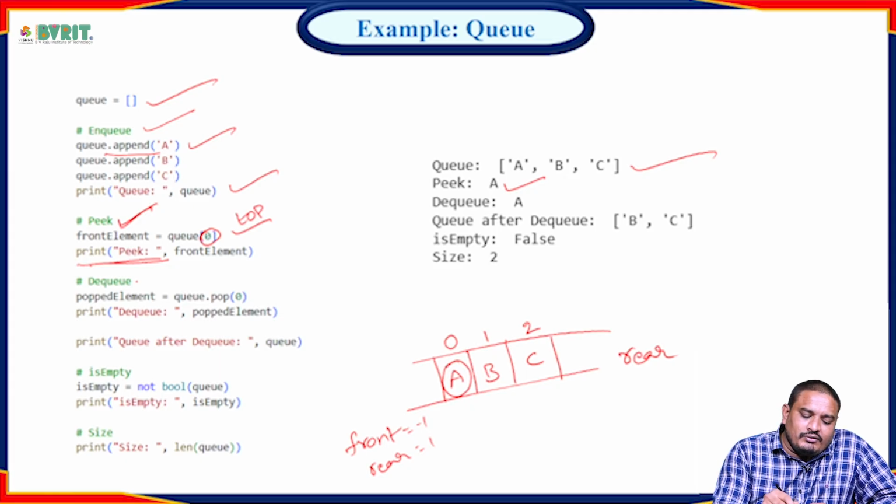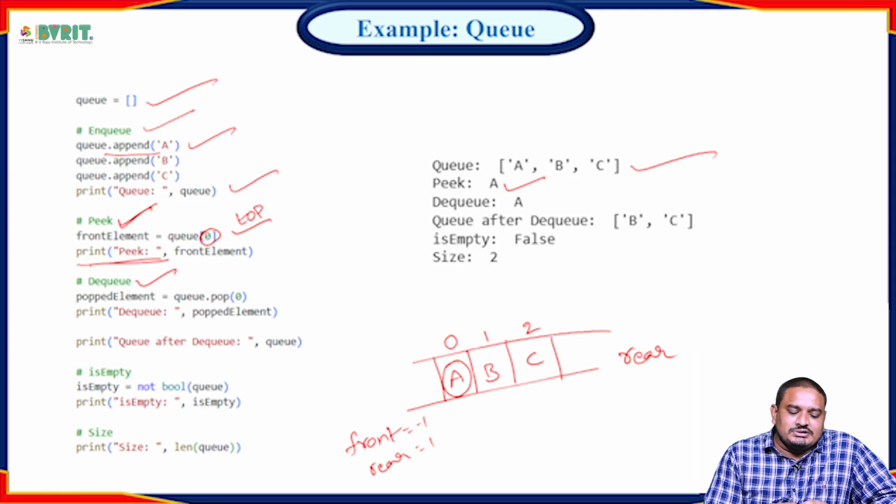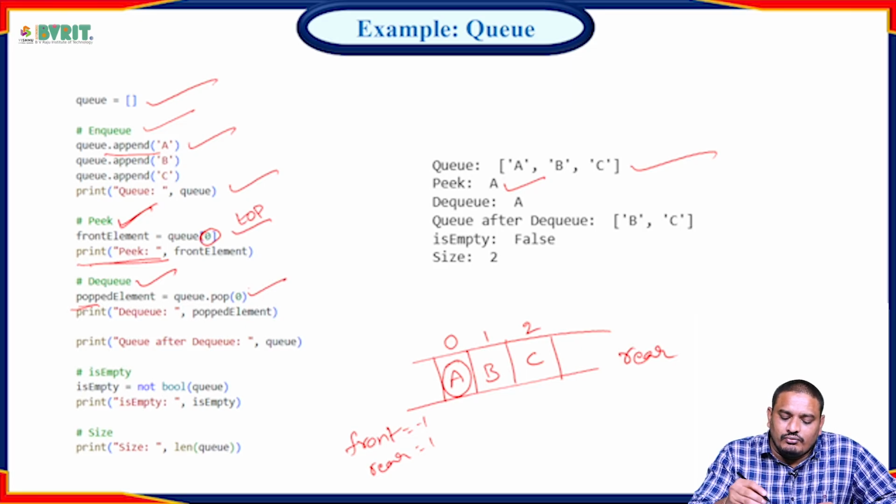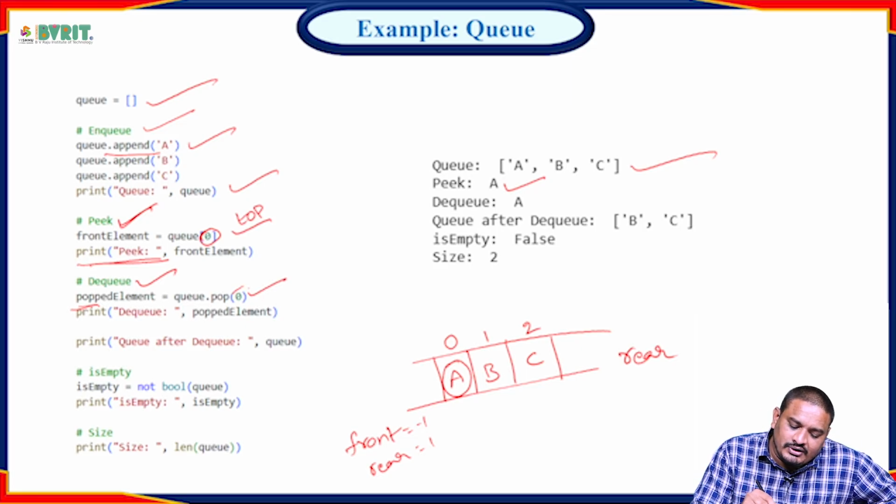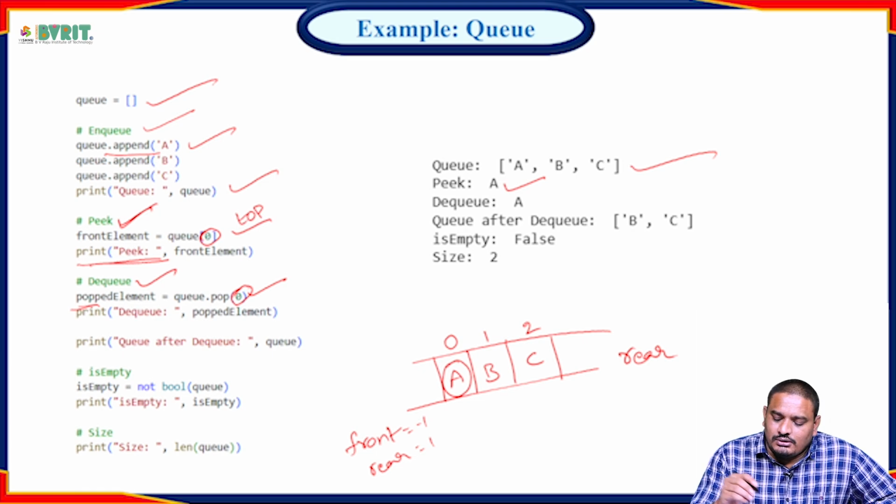Now, we can perform the DQ operation. DQ operation means deleting the element from the Q. For deleting the element from the Q, the popped element, that's why we are using the pop method. Popped element equal to Q dot pop. So we are deleting the element from the front side.